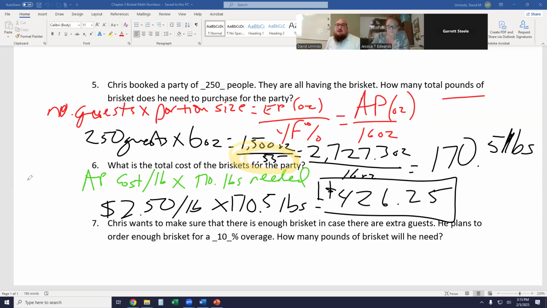If I only purchase enough based on 6 ounces times, if I only purchase 1,500 ounces or 93 pounds, when I cook that brisket, it's going to shrink down. I'm going to have less than that. So that's one of the biggest mistakes that people make, is not taking into account the yield factor. We have to apply that yield factor with a divide in order to get the higher number.